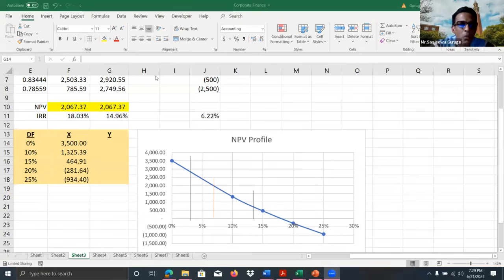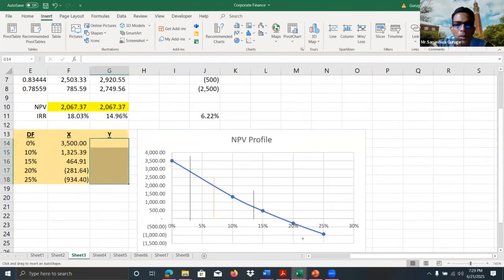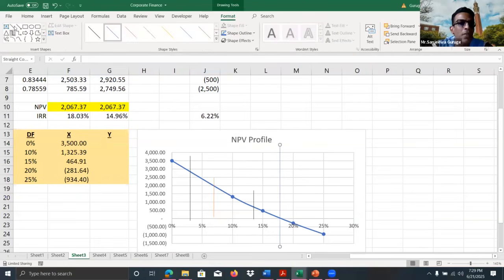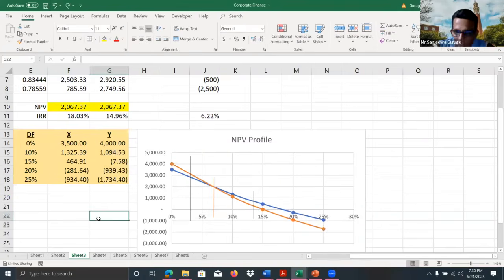So within this range, cost of capital is less than IRR, and NPV is positive. Beyond this point, cost of capital is more than IRR, and if the cost of capital is more than IRR, NPV is negative, right? That is how we can decide.